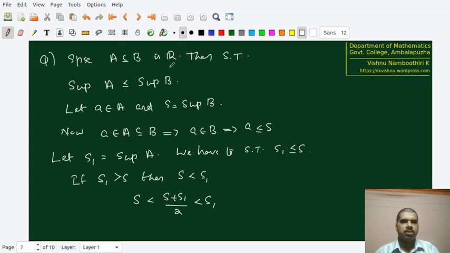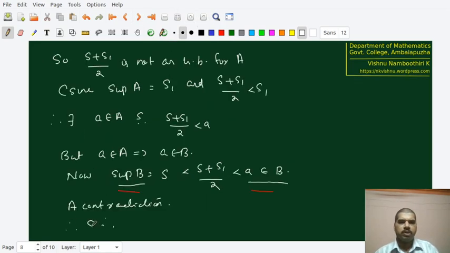And what is the assumption? Here we assumed that S1 is greater than S; that must be wrong. Therefore, S1 is less than or equal to S. So we establish what we claimed.